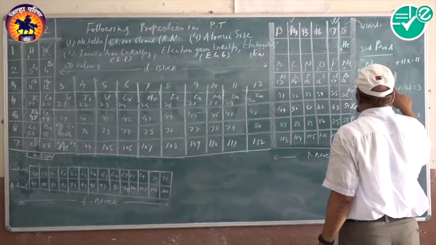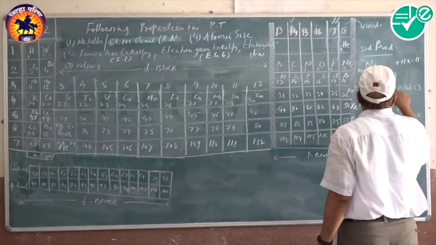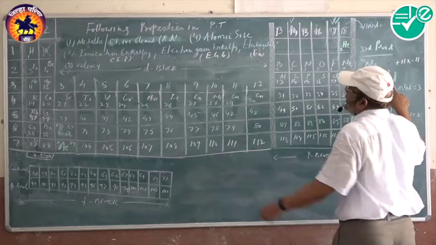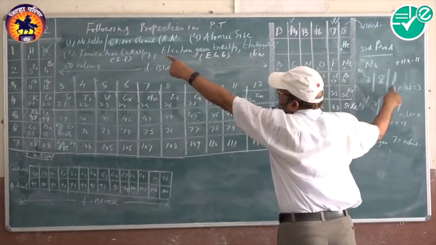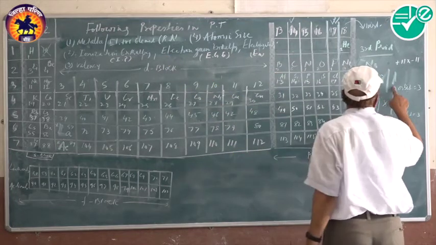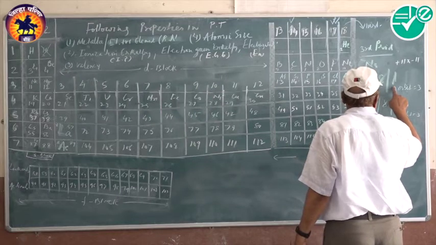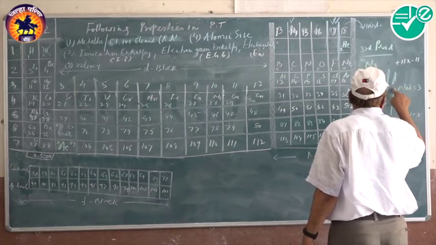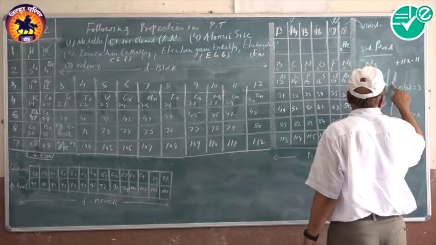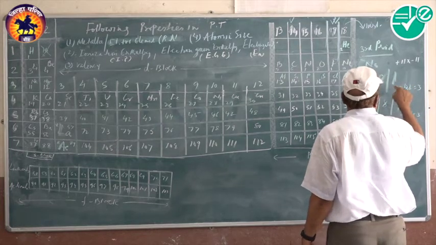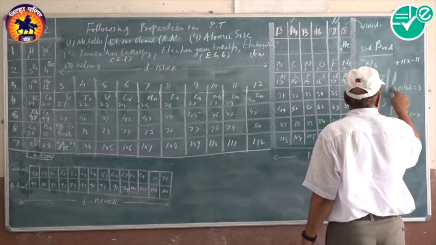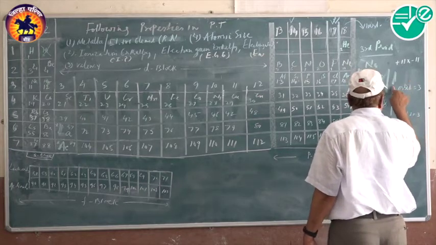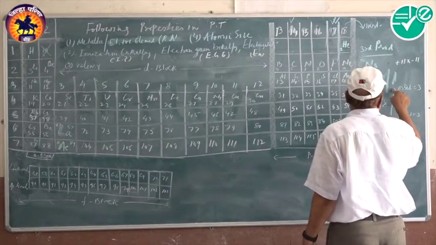So loss of electron means ionization enthalpy. Okay? Ionization enthalpy is less, since in this case attraction is less, hence loss of electron is easy. Therefore, electron gain enthalpy, ionization potential, as well as electronegativity will be less.